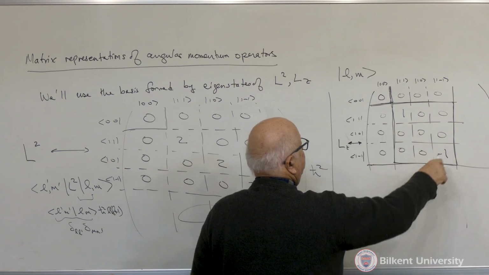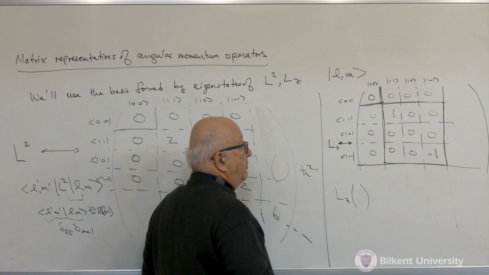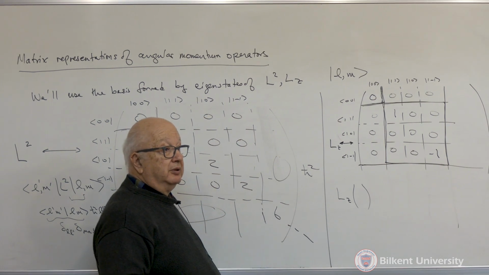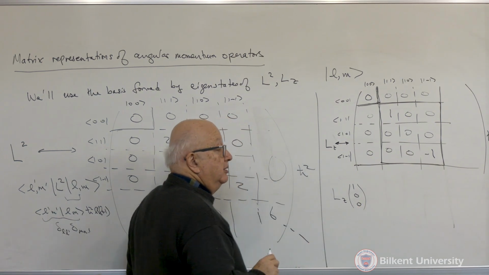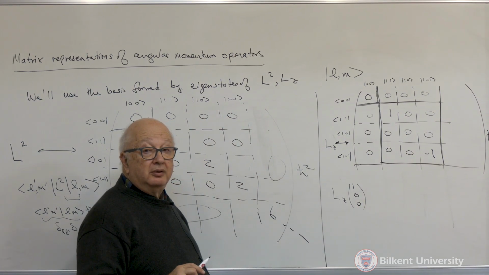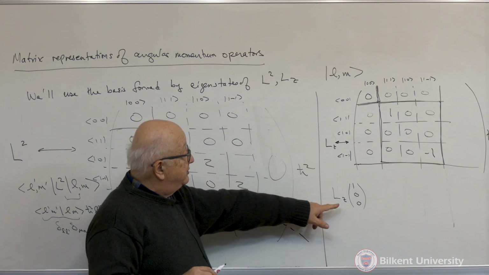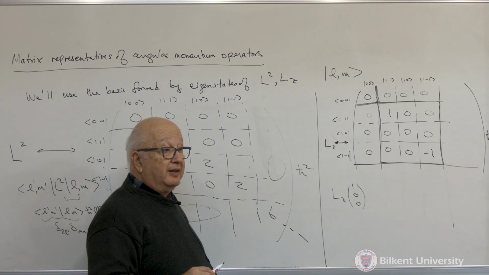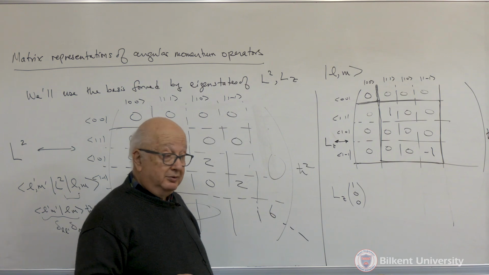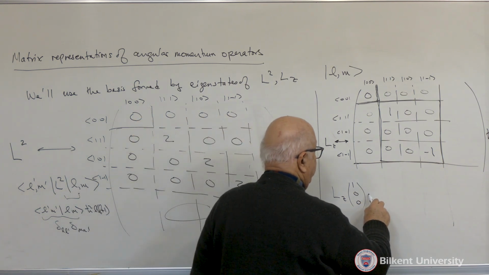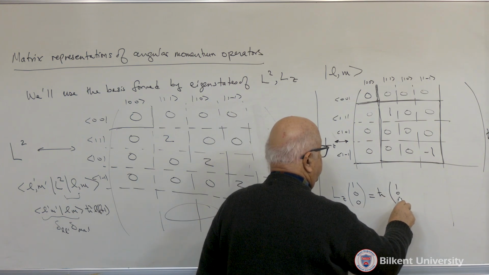If I take this to be the matrix representation of LZ and multiply it by the vector 1, 0, 0, what do I get? It's an eigenvector, so it's just 1 h bar times 1, 0, 0.